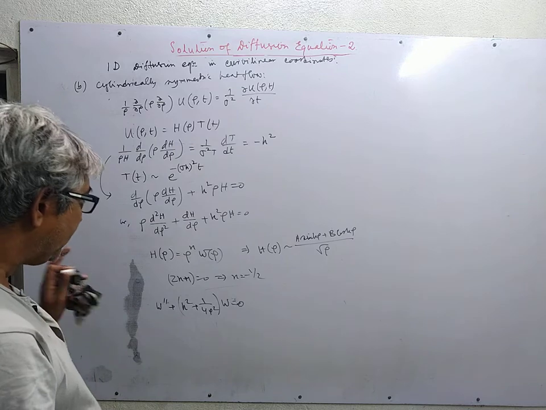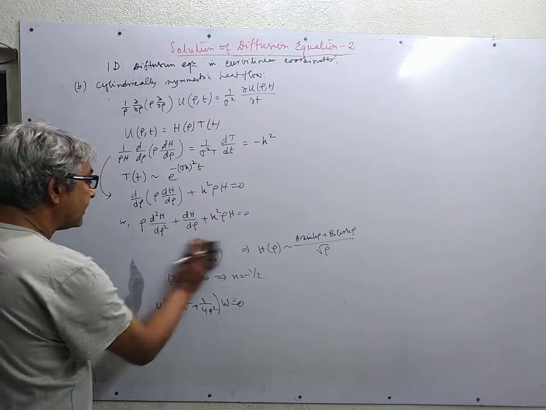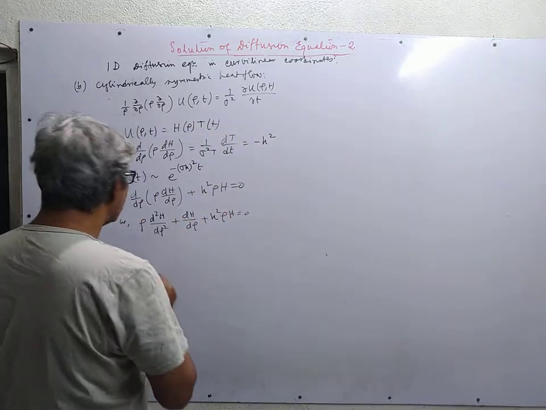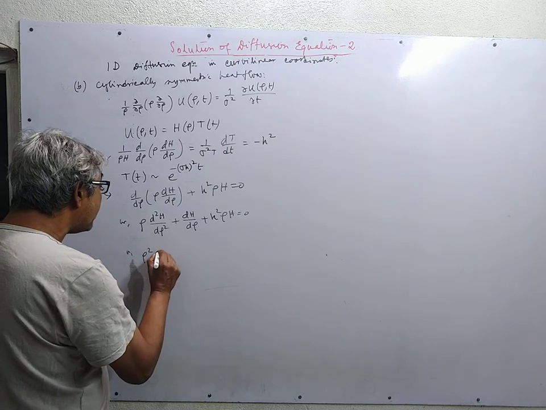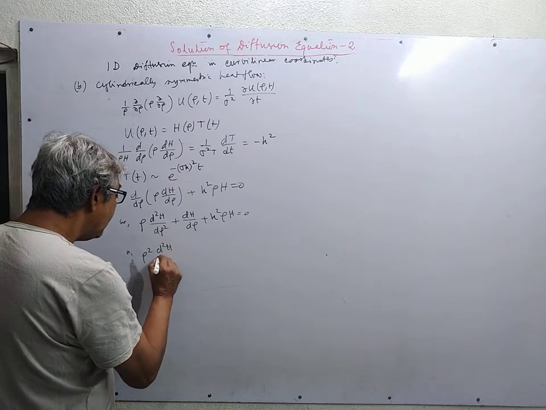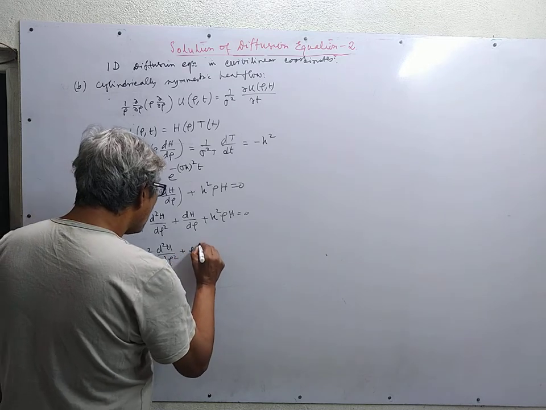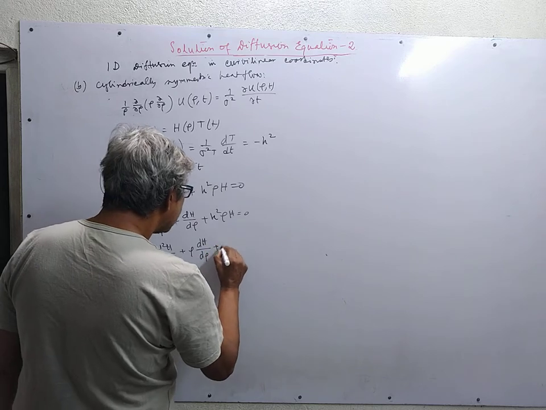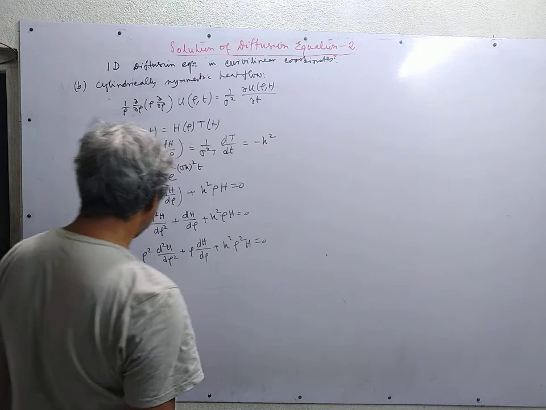But we shall describe another alternative method for solving this equation. We multiply both sides by rho, so we get rho squared d2h d rho squared plus rho dh d rho plus k squared rho squared h is equal to 0.